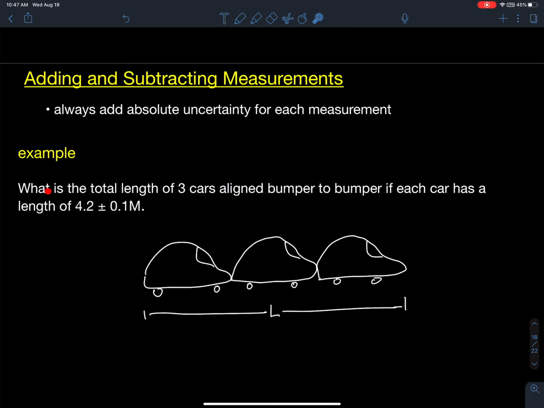So for example, what is the total length of 3 cars aligned bumper to bumper, as shown in the diagram, if each car has a length of 4.2 plus or minus 0.1 meters? Okay, so my absolute uncertainty for each car is 0.1 meters. So the rule is I have to add 0.1 meters together for each car to get the total uncertainty, and then I can figure this out.